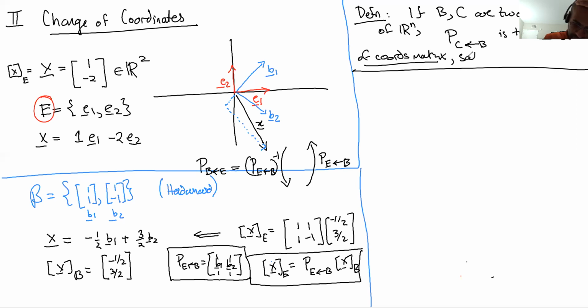And then the key property is it satisfies P of C gets B, X B equals... okay, I'll have to create some more space here. Maybe I'll just delete the word "satisfies" since this is not adding much.